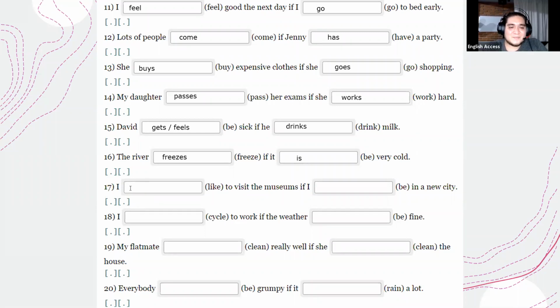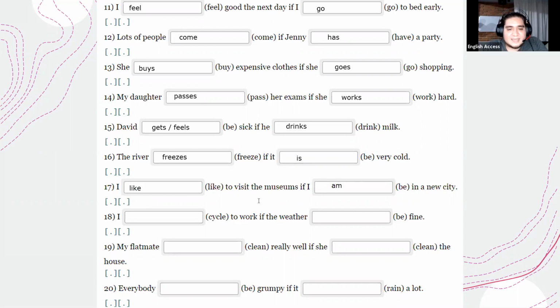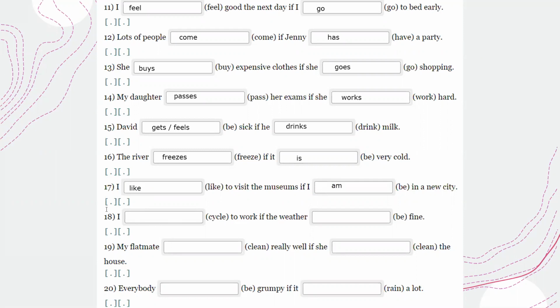17. Yes, go ahead. I like to visit the museum if I am in a new city. Good. 18. I cycle to work if the weather is fine.